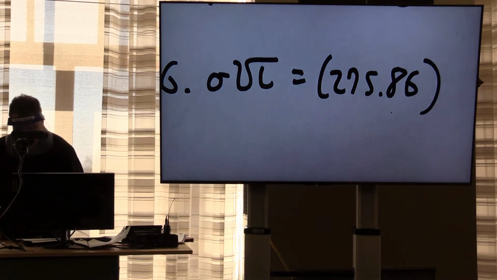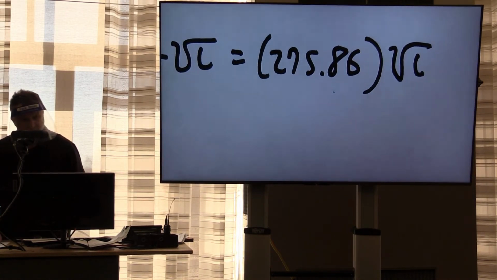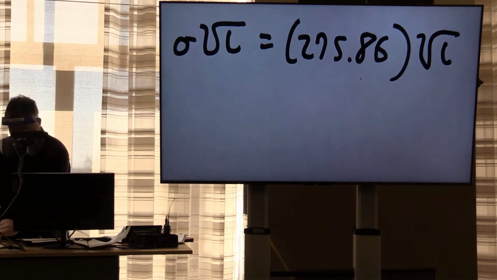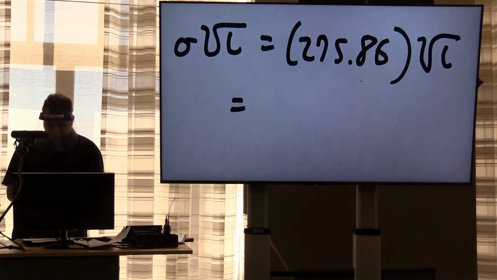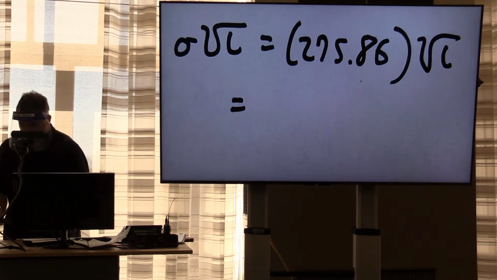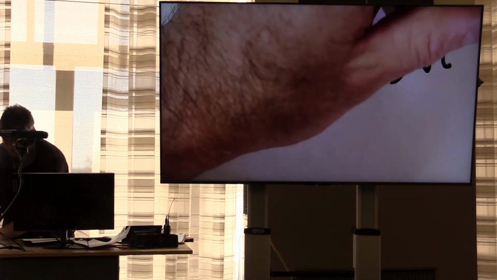Lead time was 5 days, so times square root of L. And I should have had, instead of L there, 5.